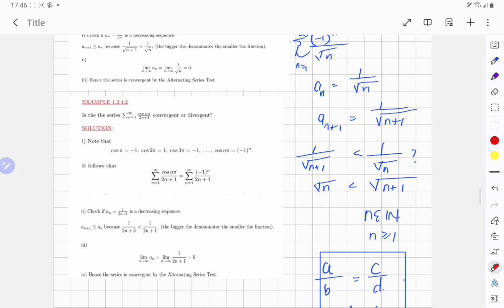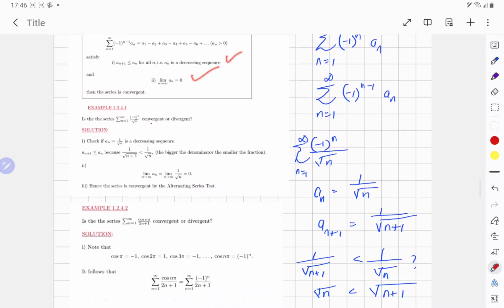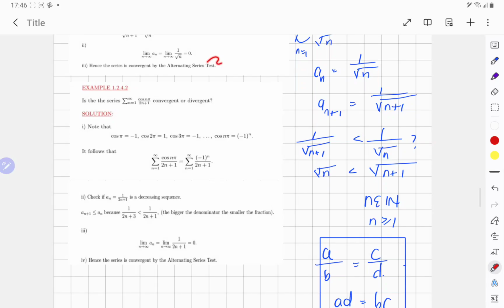From the first video, you're all familiar with this. As n approaches infinity, my bottom is getting bigger. I have a constant in my numerator, so my fraction is going to 0. Hence, the two conditions are satisfied, and my series is convergent by the alternating series test.